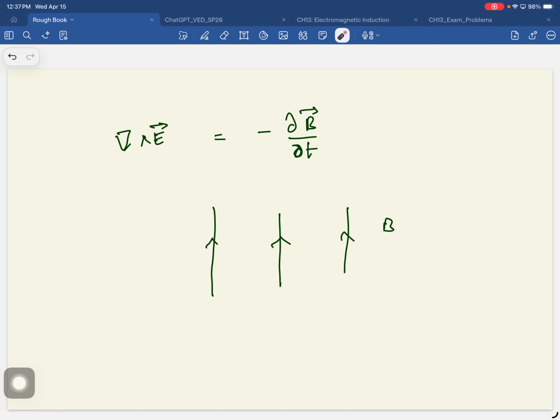And what this equation tells you is, let's say we increase this magnetic field with time. Here's one way of doing it. Let's say you have a magnet like that, and if you make the magnet move in this direction, this magnetic field will increase. I'm doing a simple picture.